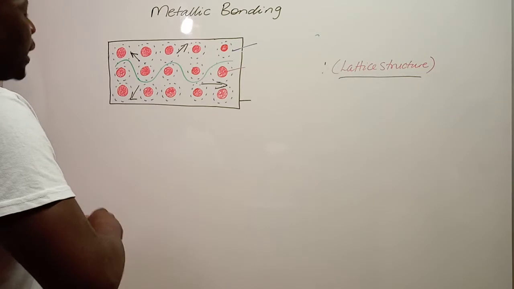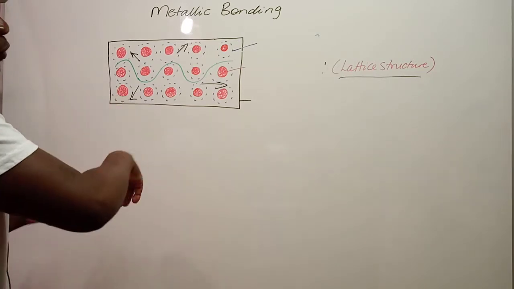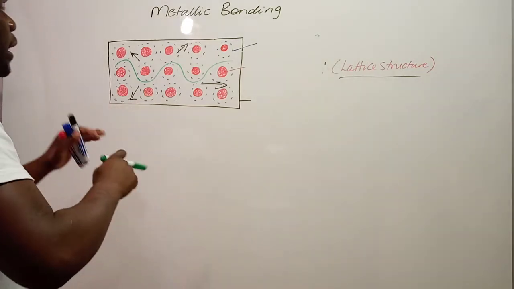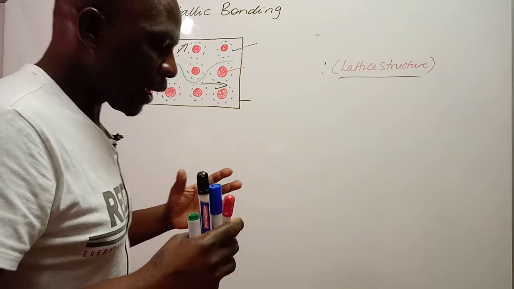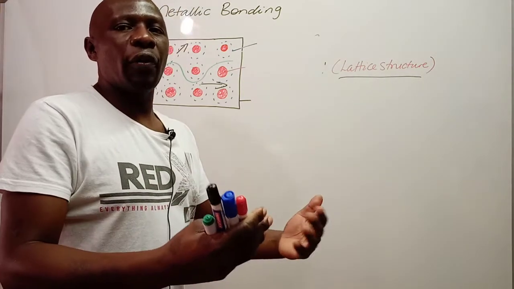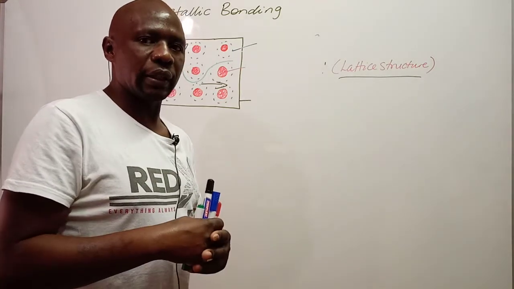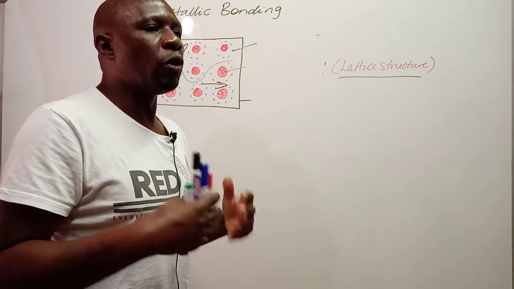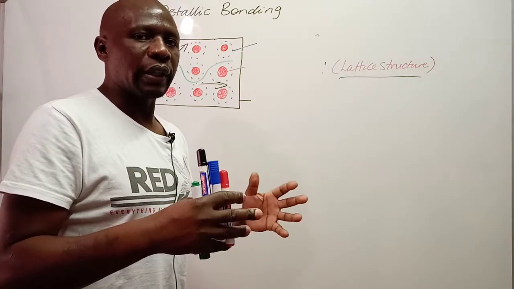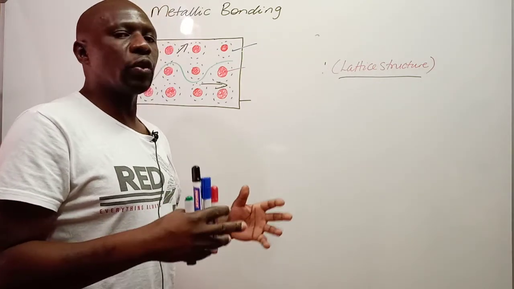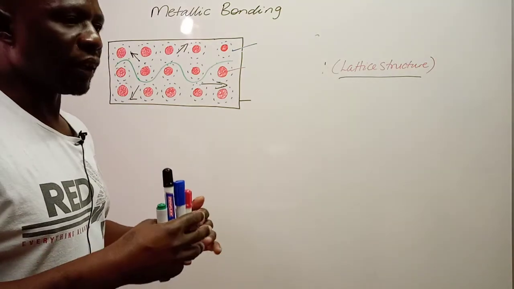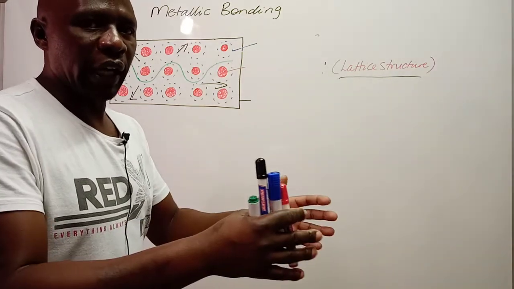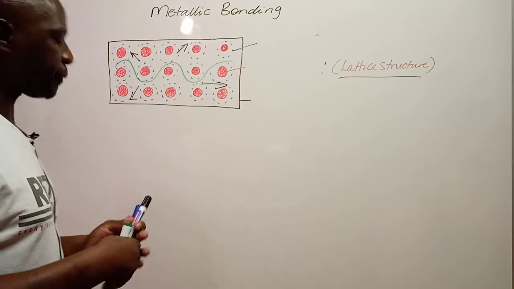Now, let us remember that the electrons move in random directions. The electrons are moving in random directions. So, electrons are already there in the metal, and they are already moving in a random direction. So, let's look at how we can make them move in a uniform direction or in one direction.